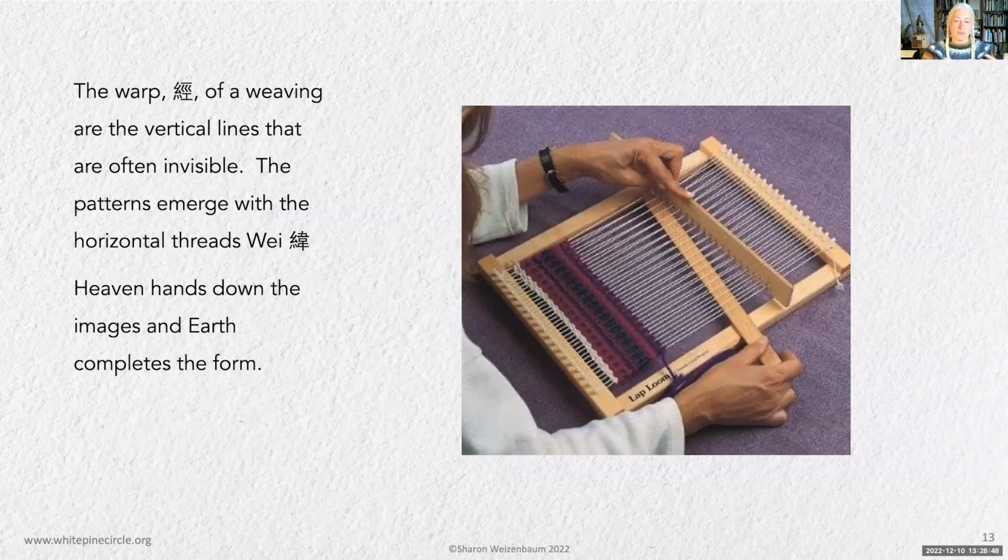And so the same is true in our bodies. We have a body that is the form that's actually created by and maintained by invisible channels within our bodies. And the horizontal threads are the weft. Heaven hands down the images and earth completes the form.